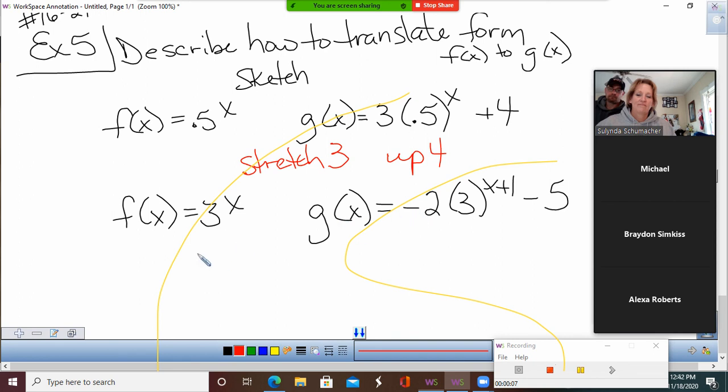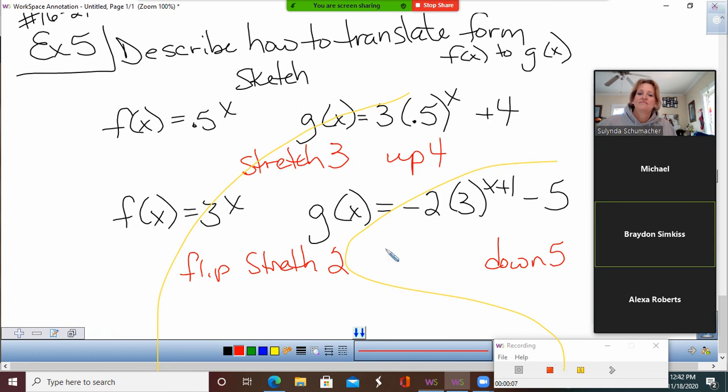Oh, good. So we have a flip. We have a stretch of 2. We have down 5. What's this up here with x do? Good. Last one. Awesome. See how easy that was?